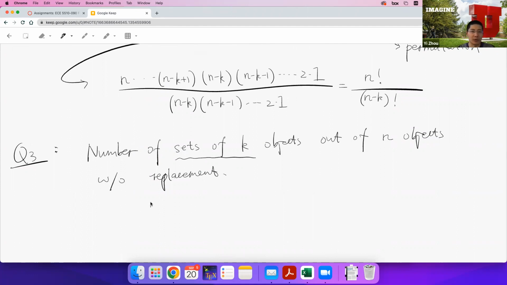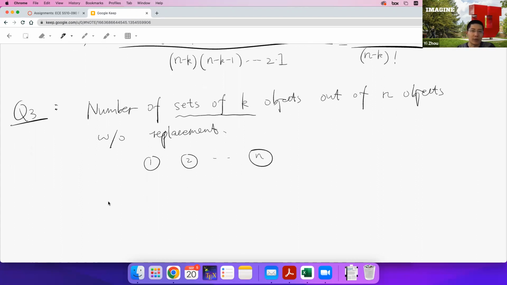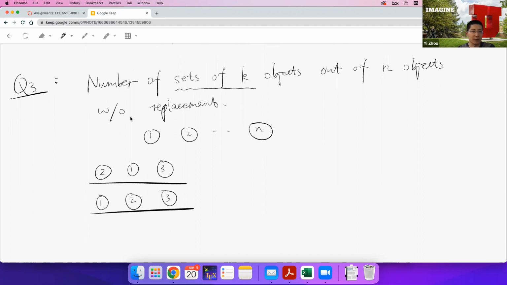For example, suppose you have n different balls. Now suppose you pick the ball 2, 1, and 3. Now this will be the same as picking 1, 2, and 3. They are the same for this question because we only care about the set that you selected. We don't care about their positioning.